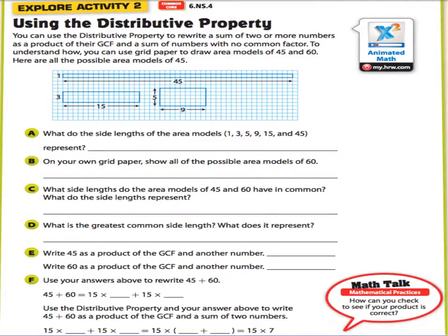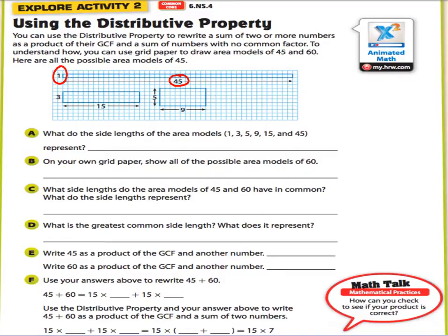All right, so if you go into your notes in Module 2, Lesson 1 to this page that we had skipped previously, we're going to look at these area models. So here you have all these area models, and it's 5 by 9 and 3 by 15 and 1 by 45. Well, if you look at this, 45 is the largest number, and when you multiply it by 1, it gets itself.